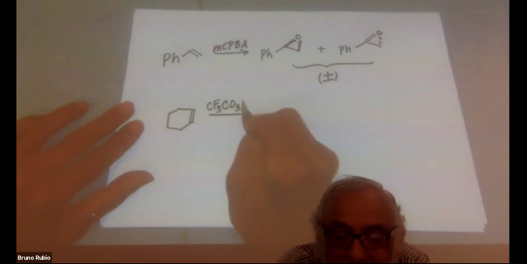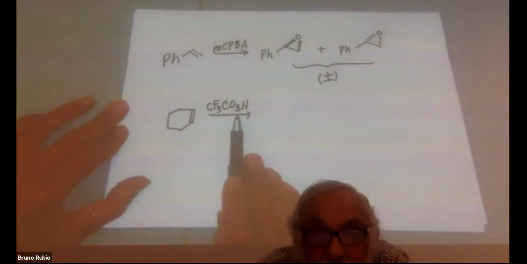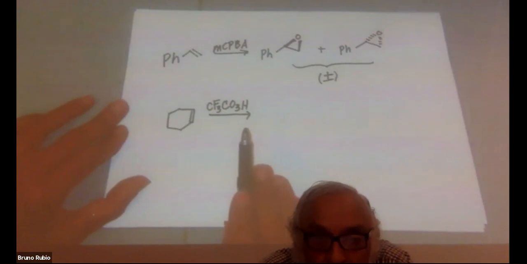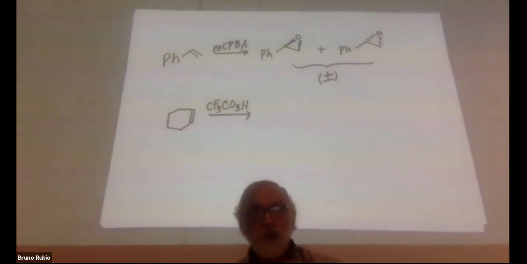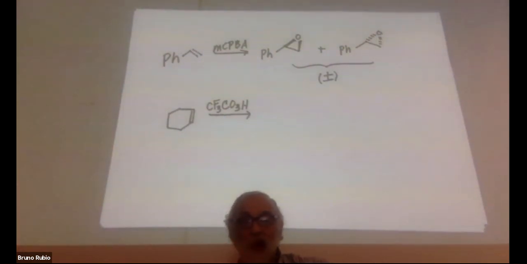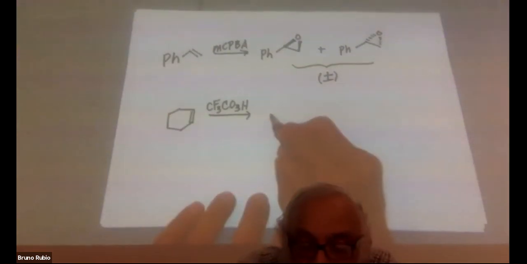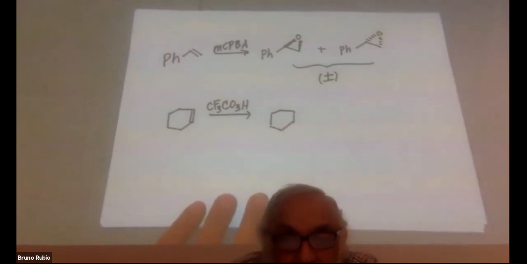trifluoroacetic peracid, right? You see that 3 there? That's not a typo, right? Draw the structure of the product. So this reaction knocks out the carbon-carbon double bond, and it puts the epoxide oxygen where the carbon-carbon double bond used to be.